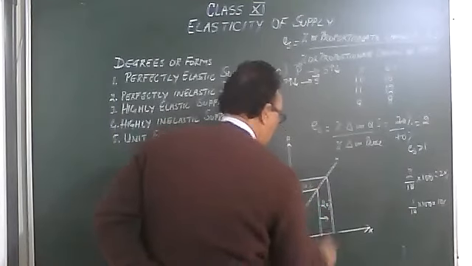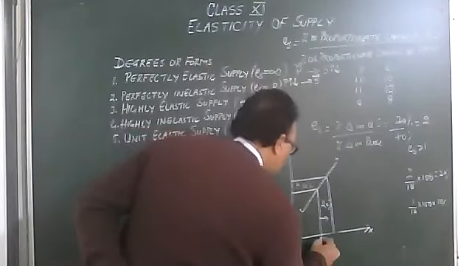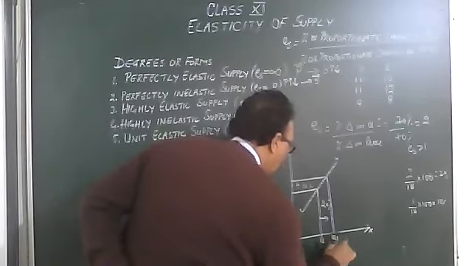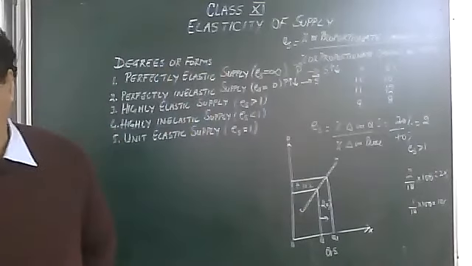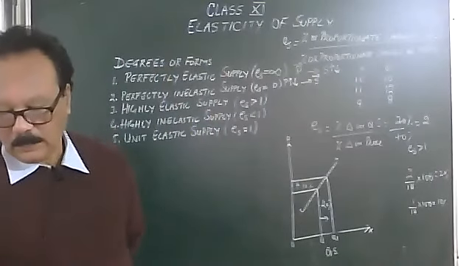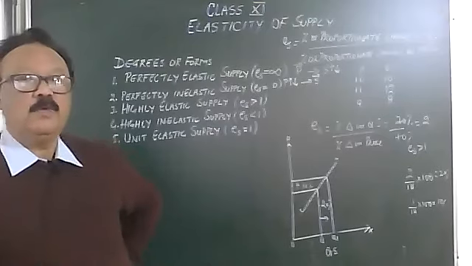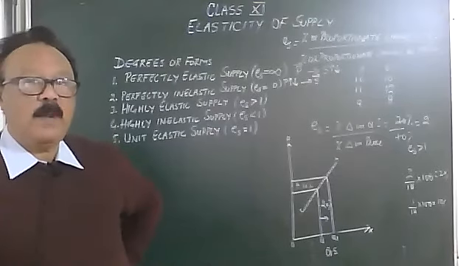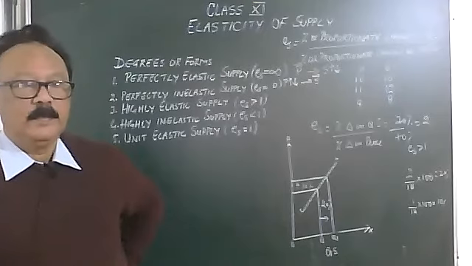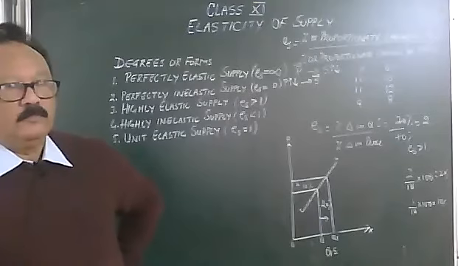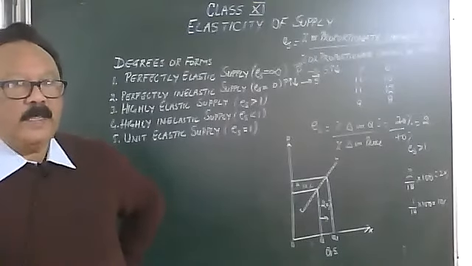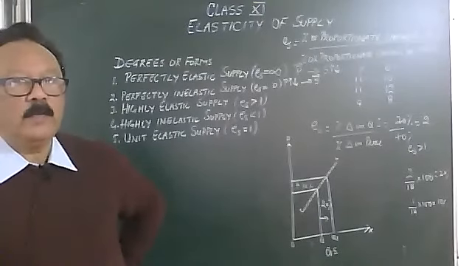This is Q, this is Q1, quantity supplied. Here you write down the supply curve is flatter, and ES will be greater than 1.